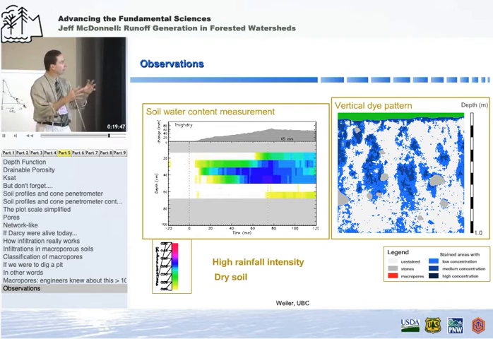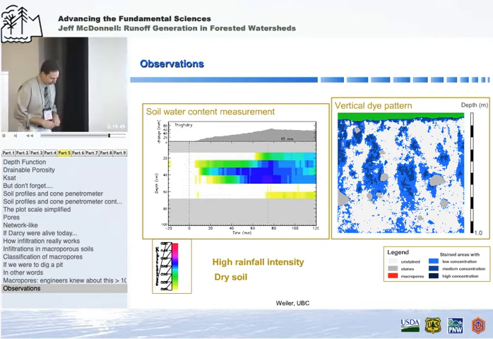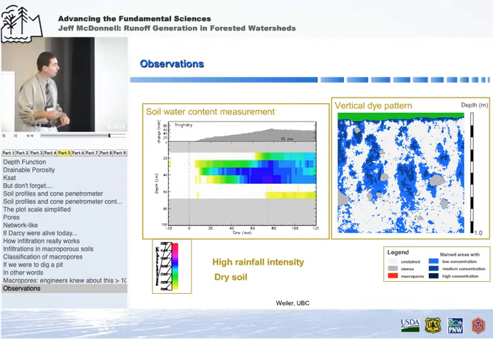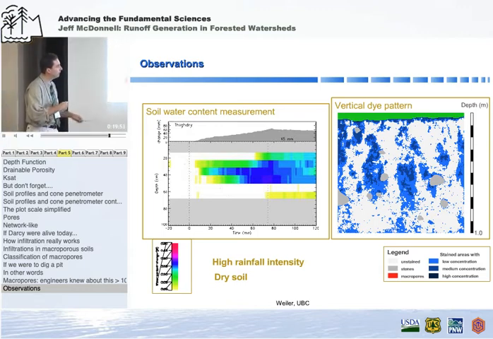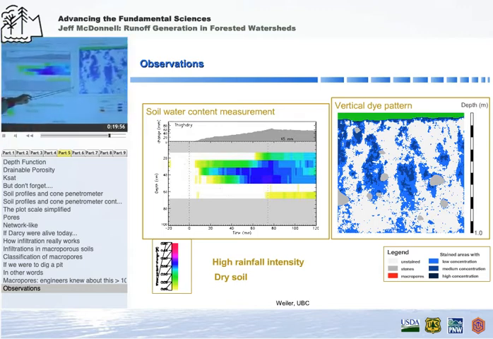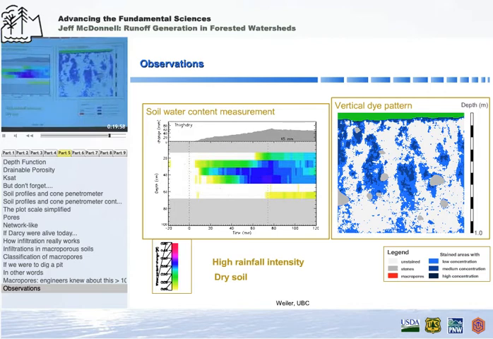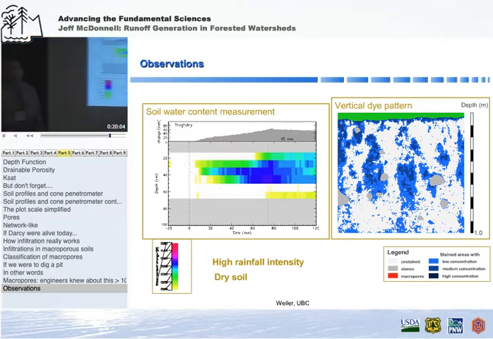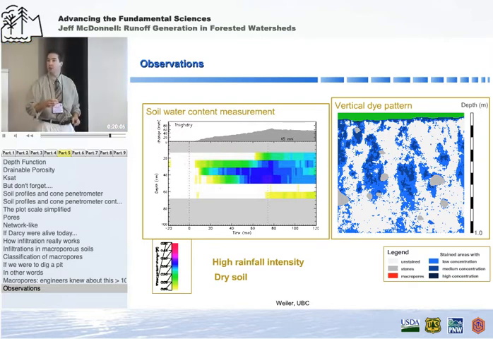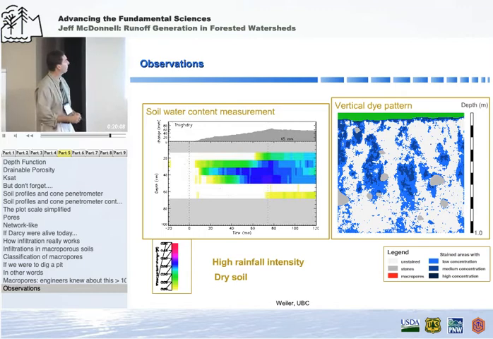So we don't want to obsess about these complexities too much, but what we want to take away is that we have these known declines in matrix characteristics, and we have this known penetration of event water to depth, and the two conspire to give us this rapid development of positive pore pressure.